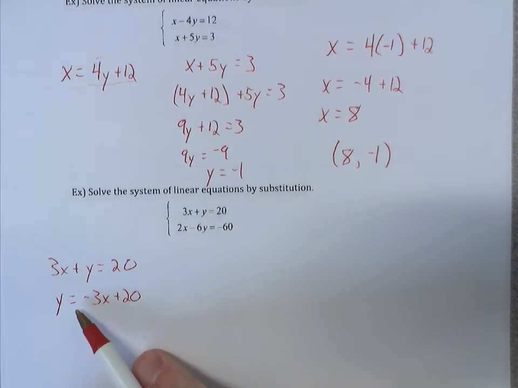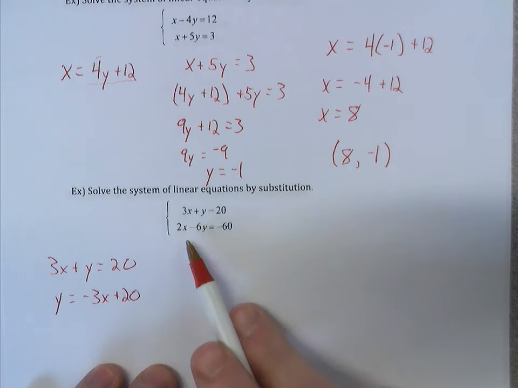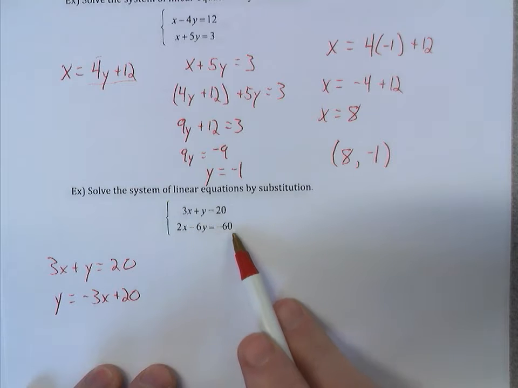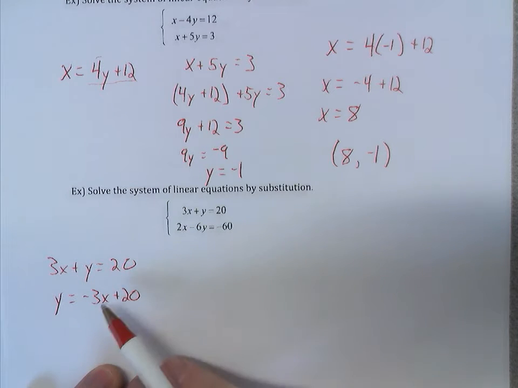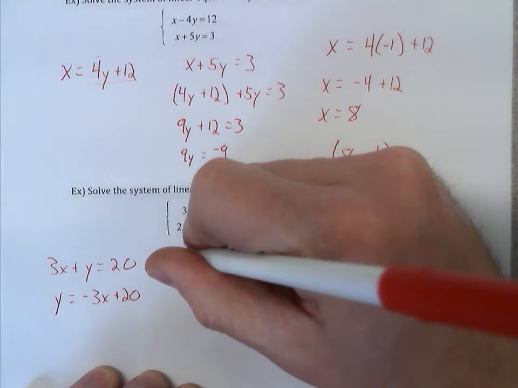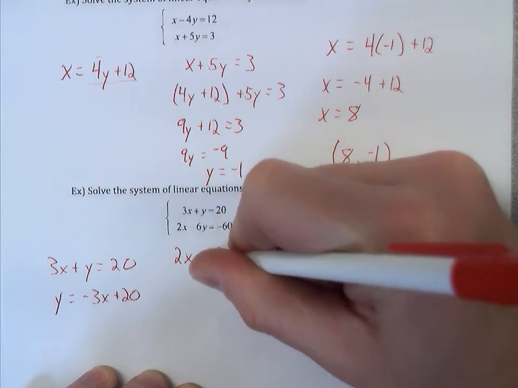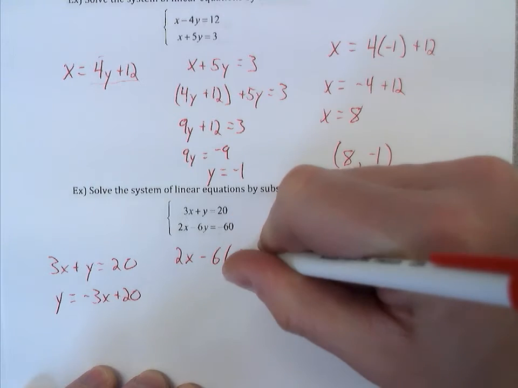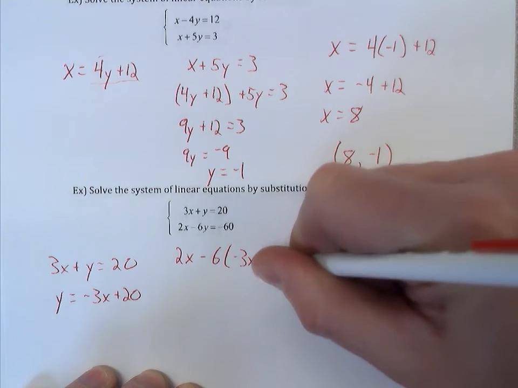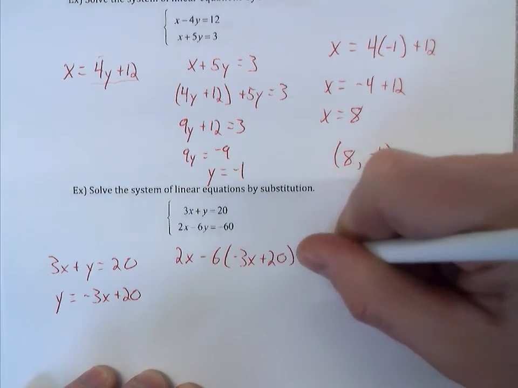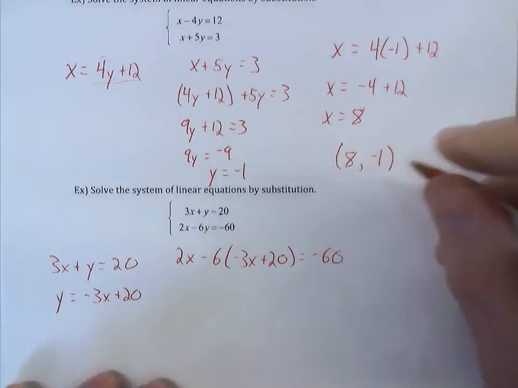Now I'm going to substitute this into this equation, 2x minus 6y equals negative 60. I'm going to plug this in for y. So that means I'm going to have 2x minus 6 times negative 3x plus 20 equals negative 60.